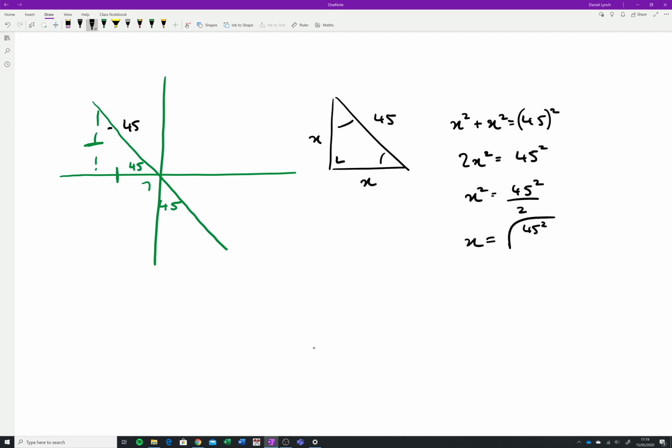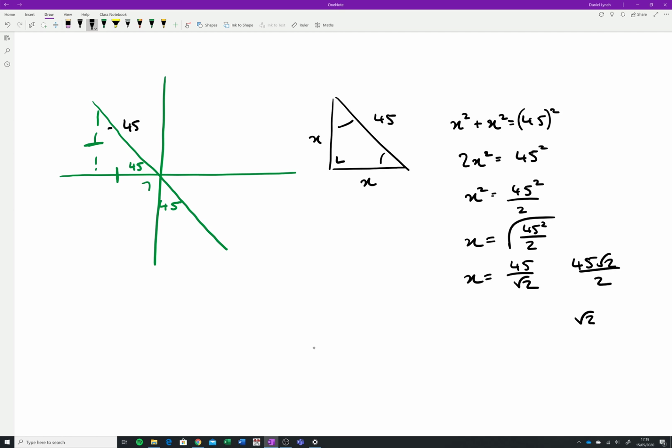So actually, that's the handy part of leaving it like that, because you can square root the top, and the square root cancels the square, leaving 45, and you can root the bottom, root 2. I imagine if you type that into your calculator, it'll say 45 root 2 over 2.